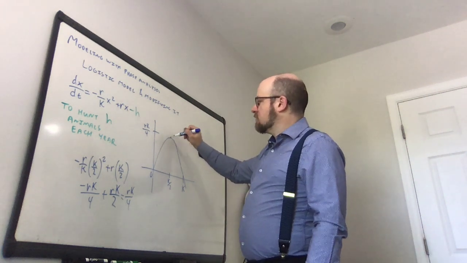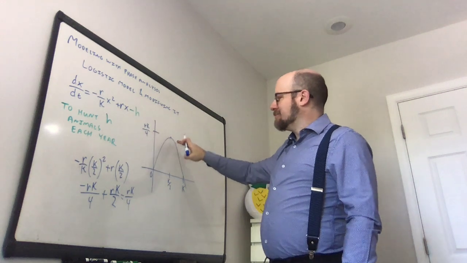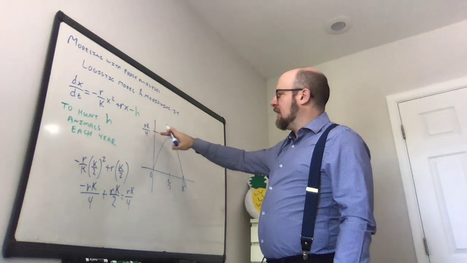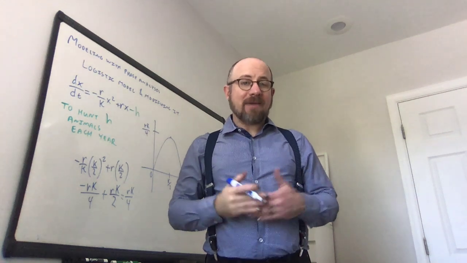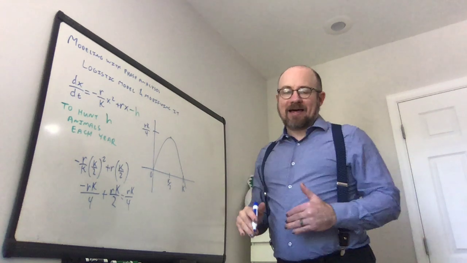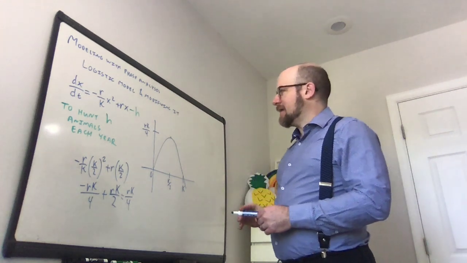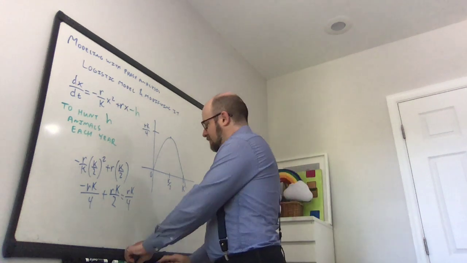Okay? So without the hunting, your maximum occurs at k over 2. Your derivative maxes out at rk over 4. That's the maximum that the derivative hits. You can analyze what happens when you subtract h and figure out what this new curve looks like.